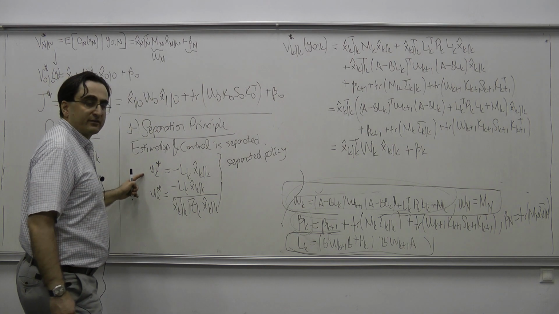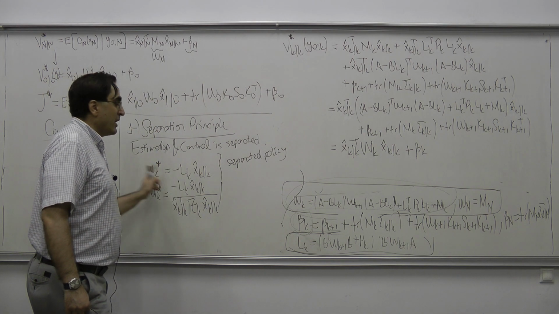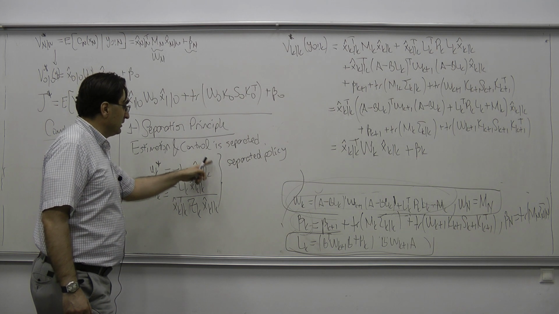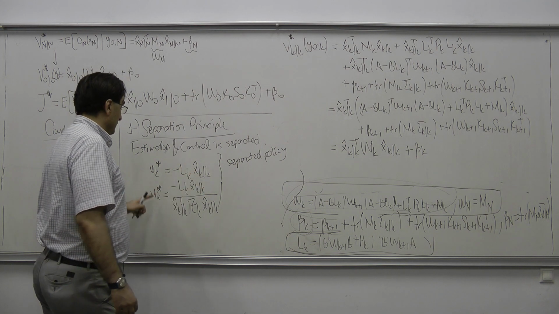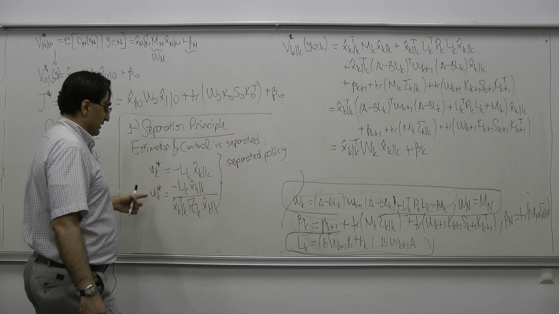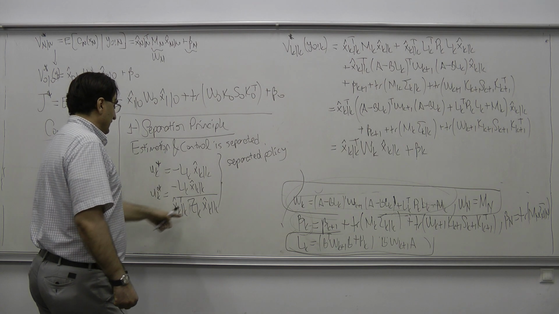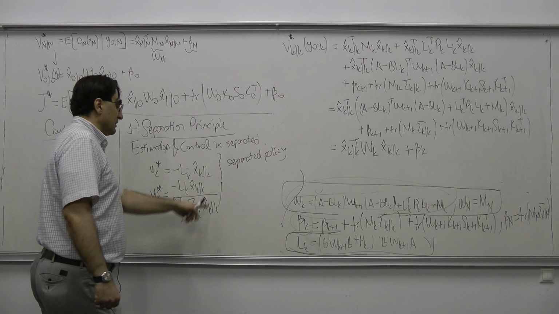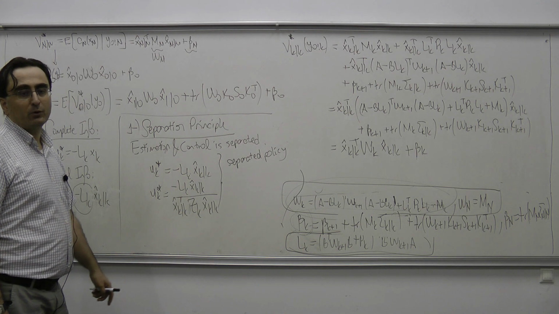This is a non-linear separated policy. There is no explicit output dependence. The outputs only appear through this estimate. Of course, this is not optimal in our case, but still, we can have this type of policy which is also separated.